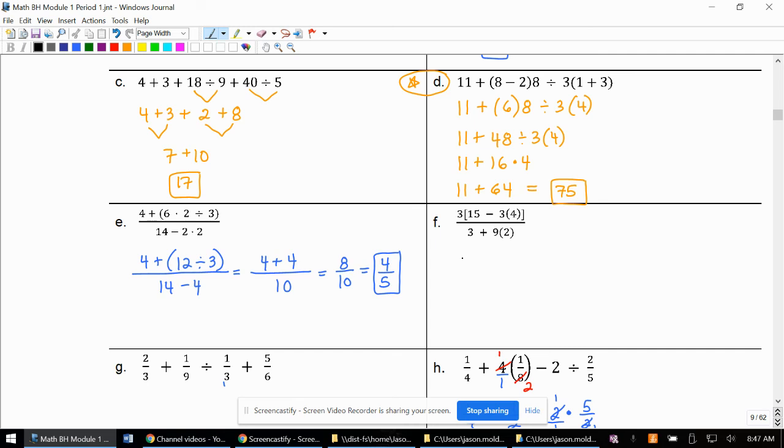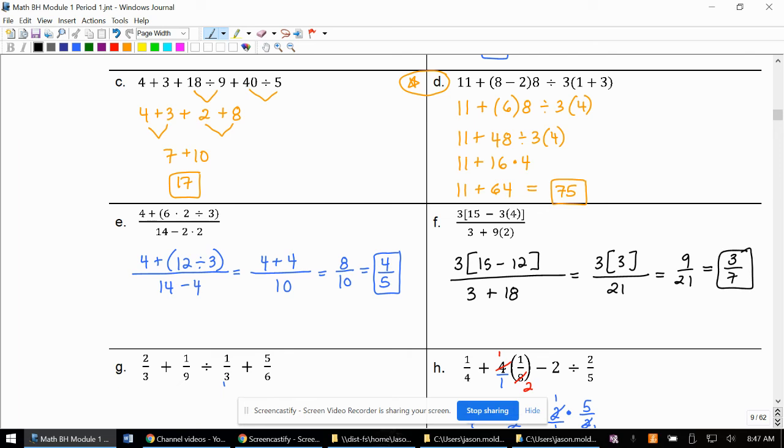F. Again, I'm not going to bother distributing, because frankly, in a case like this, it's just easier to not do that and simplify and leave as a fraction.